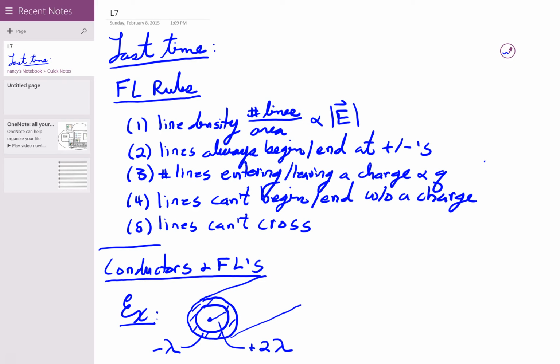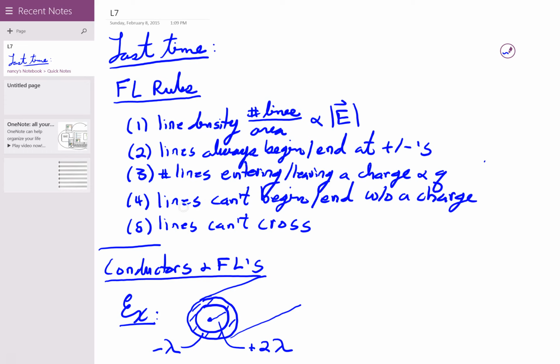If the lines began or ended, we know from Rule 2 that means there must be a positive or a negative charge there. And also we know we can't just begin or end or enter or leave a region without there being a charge Q there proportional to the number of lines that are being created or which are ending.